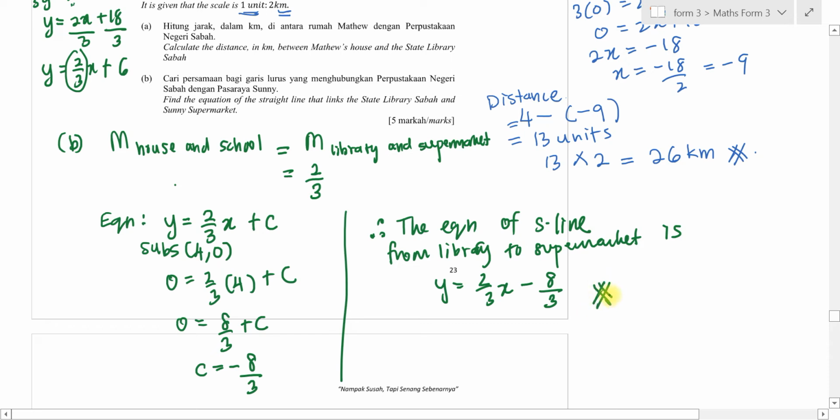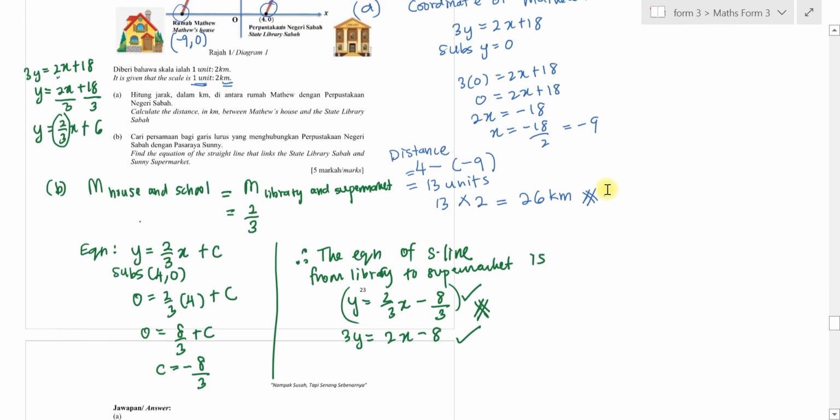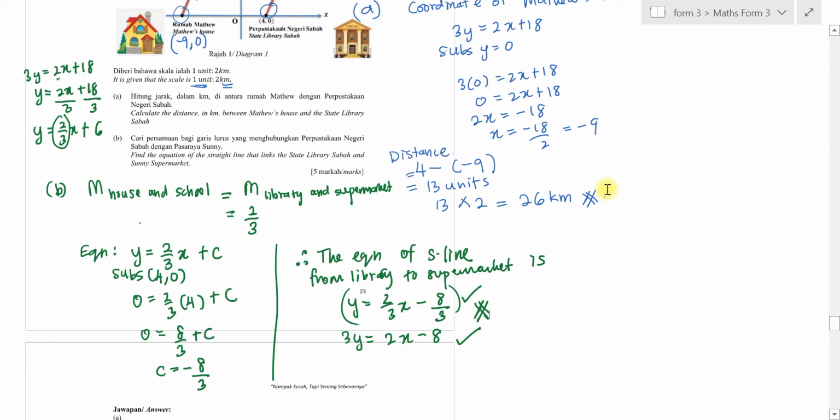You can leave the answer like this, or multiply by 3: 3y equals 2x minus 8 also can. My suggestion is that y equals mx plus c is the best form to leave for the equation of a straight line. So correct your mistakes.